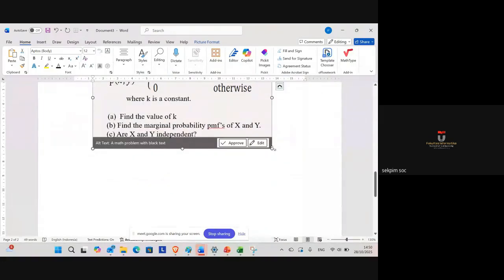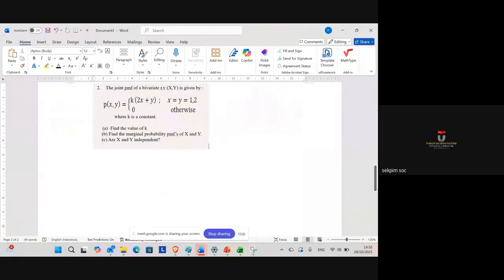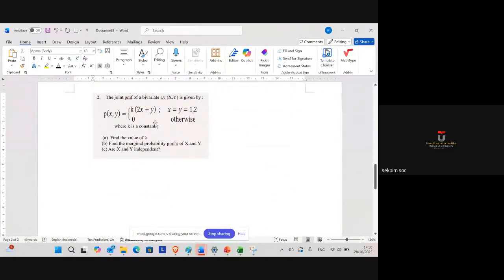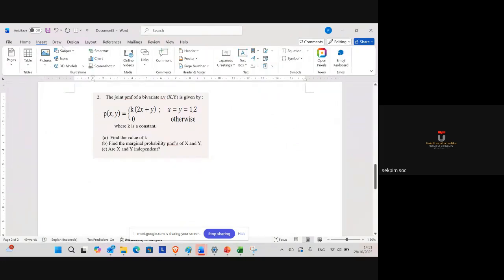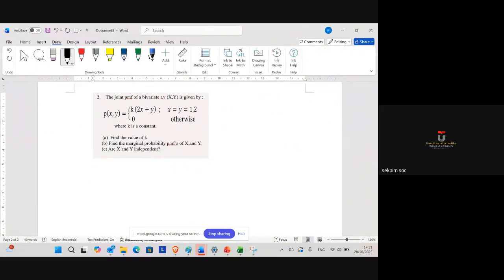Okay, so this is for number 2. We need to find what K is given the PMF, because both variables are discrete, right? Given this PMF for X and Y, I think this should be a comma here, not equals.